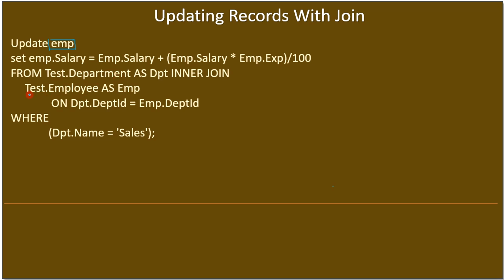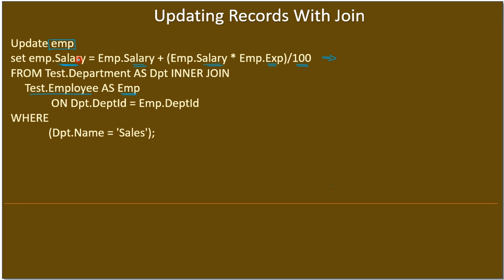So emp.salary means employee.salary, that's the column we want to update, equal to employee.salary plus employee.salary into employee.experience divided by 100. So here we are just incrementing the salary.